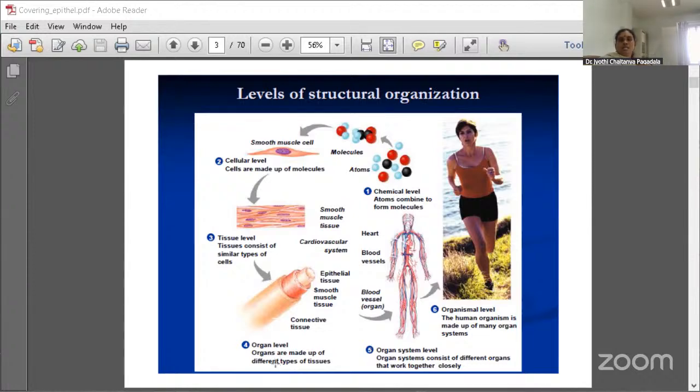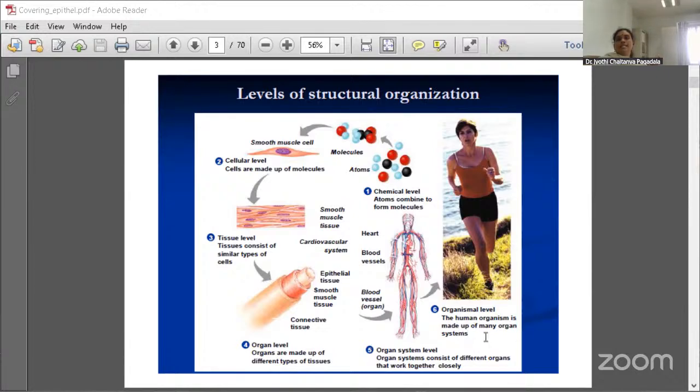At the organ level, organs are made up of different types of tissues, those are epithelial tissue, smooth muscle tissue, and connective tissue, as we just discussed. At the organ system level, organ systems consist of different organs that work closely together. Coming to the final one, the organism level.